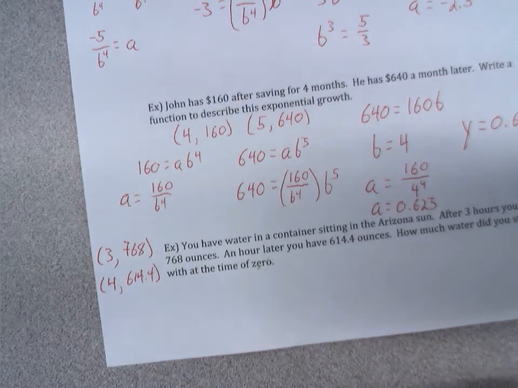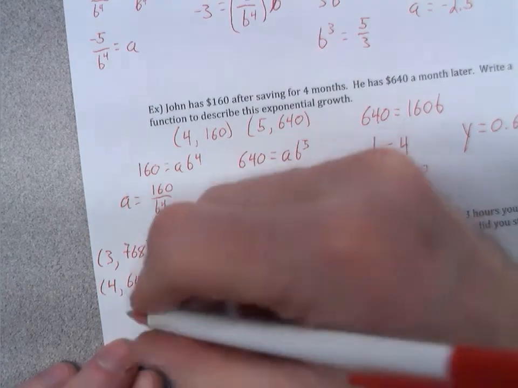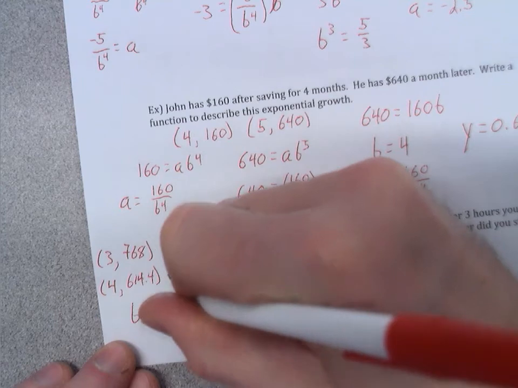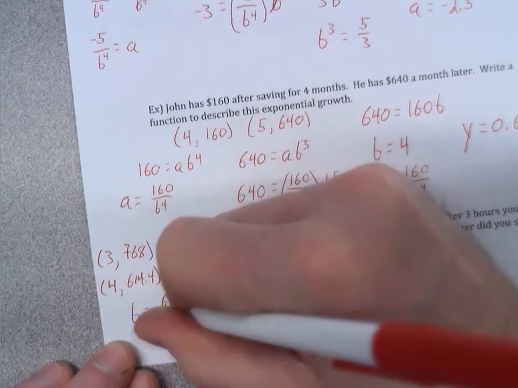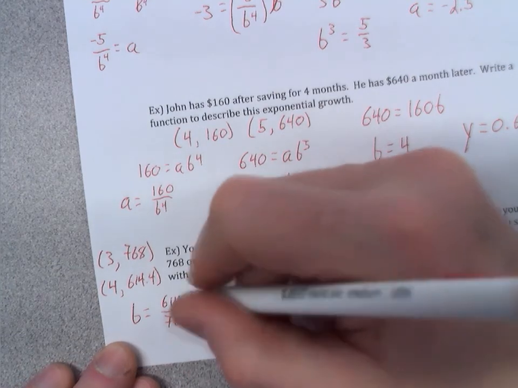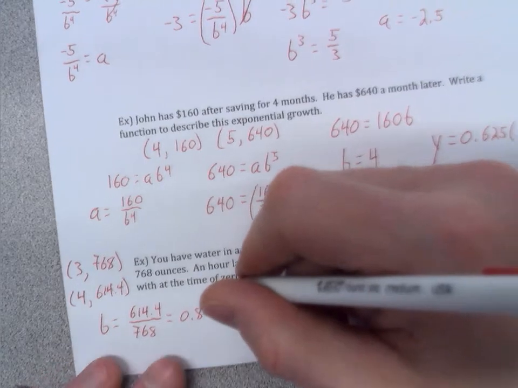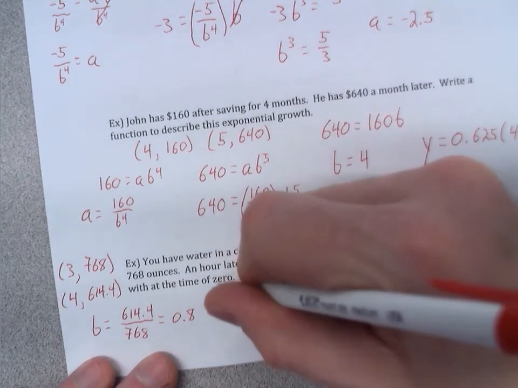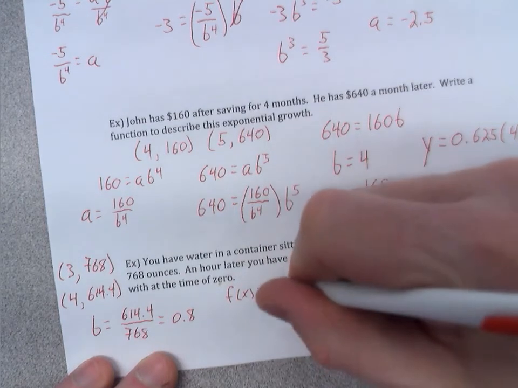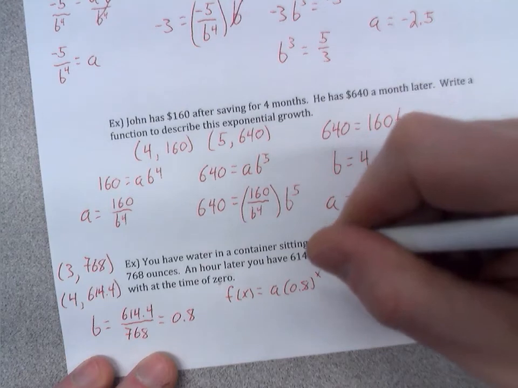And now I'm going to try doing it the way we did the first problem, which is I'm just going to straight up find B, which will be 614.4 over 768. That's going to give me 0.8 for B. And then I can say f of x could be equal to A times 0.8 to the x power.